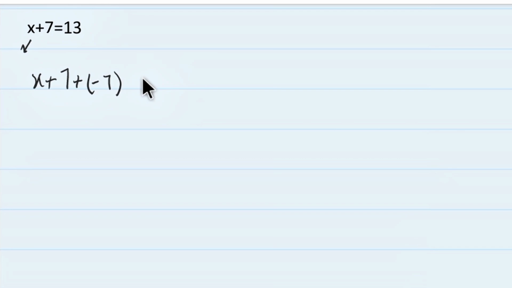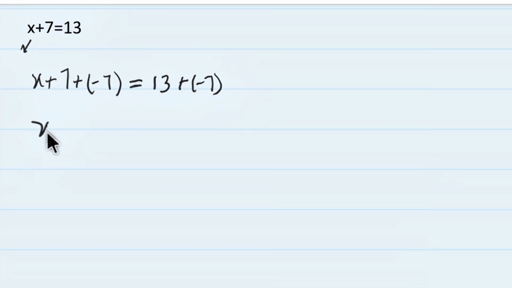But we have learnt another property, the addition property of equality, that if we add a number to one side of the equation, then to maintain the balance we have to add the same number to the other side. So we will also add minus 7 to the right hand side as well.